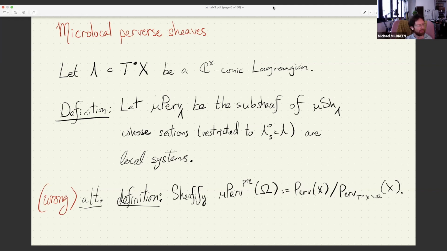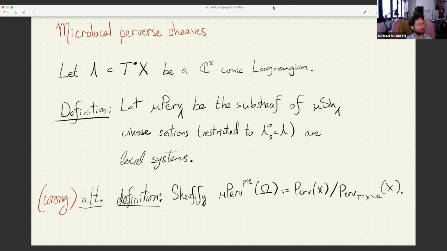So you could have such a thing, which is real constructible, but happens to look perverse on some little open subset of the cotangent bundle. And it's not at all clear that such a thing would come from a globally perverse object on the whole space X.